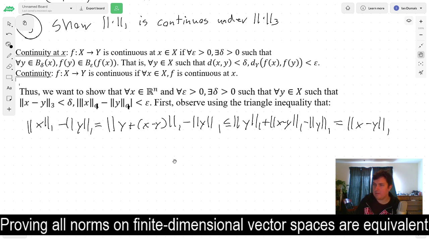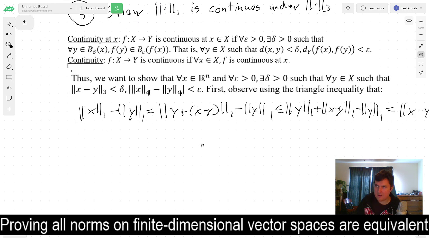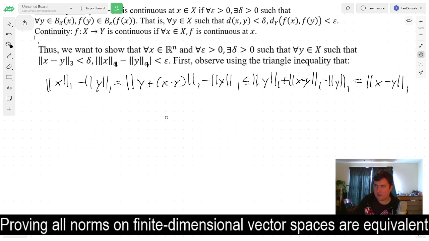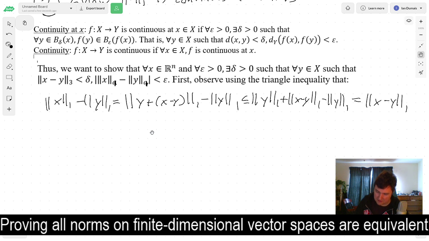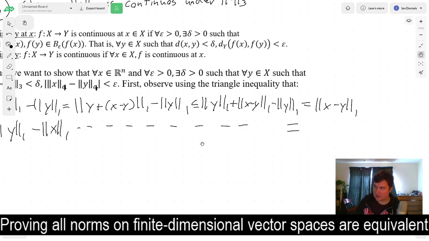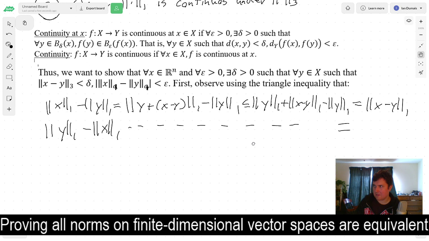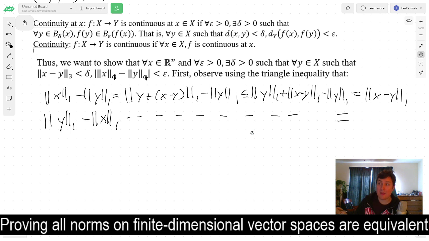In the interest of time, we can do a similar trick for y minus x and get the same thing. Similar trick, get the same outcome.